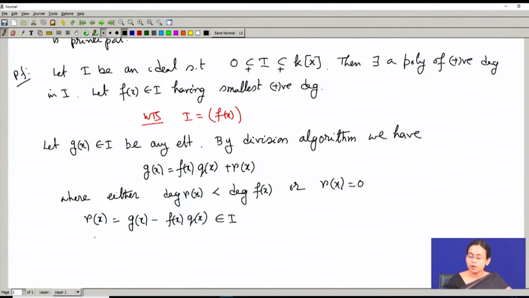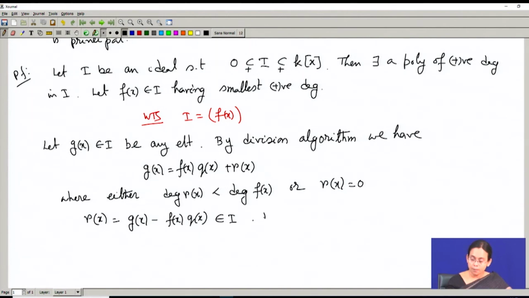But the degree of r(x) is strictly less than the degree of f(x), and f(x) was the element with the smallest positive degree possible in I. That means r(x) should not have a positive degree, which is not possible. That leads to a contradiction to the fact that the degree of f(x) is the smallest one.